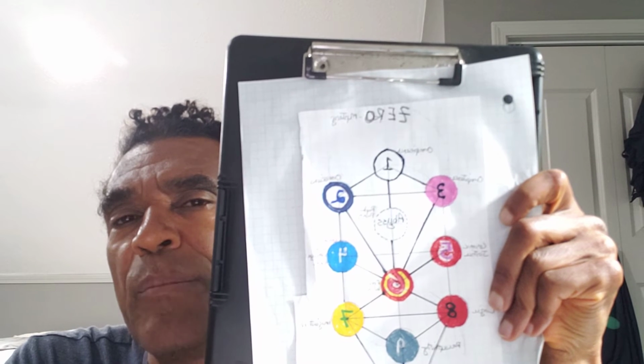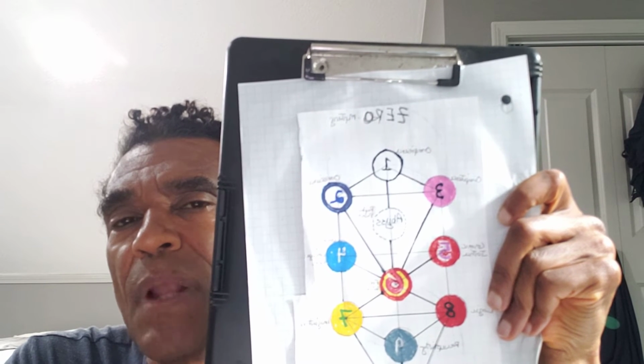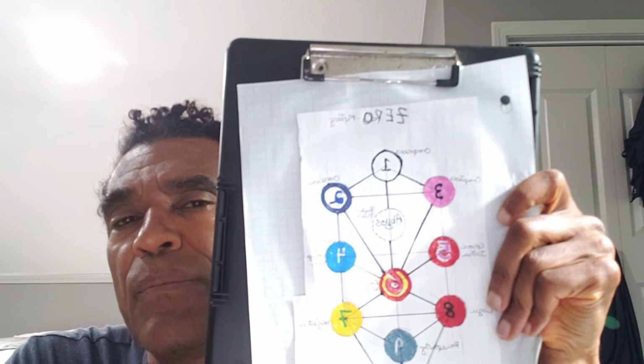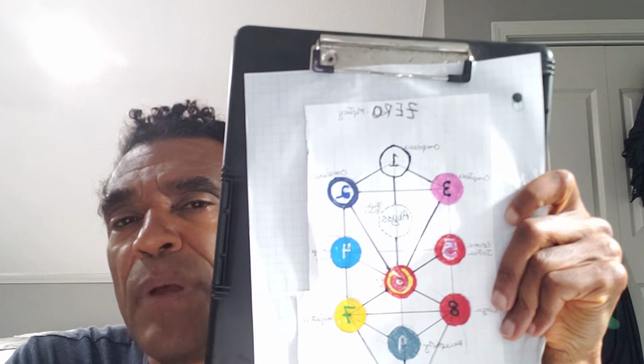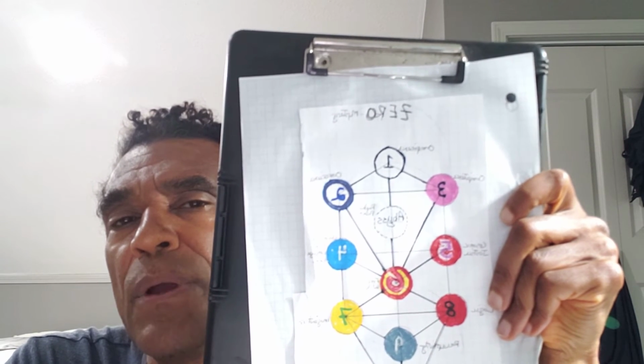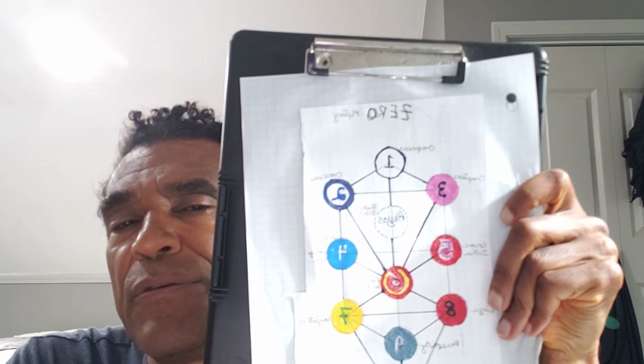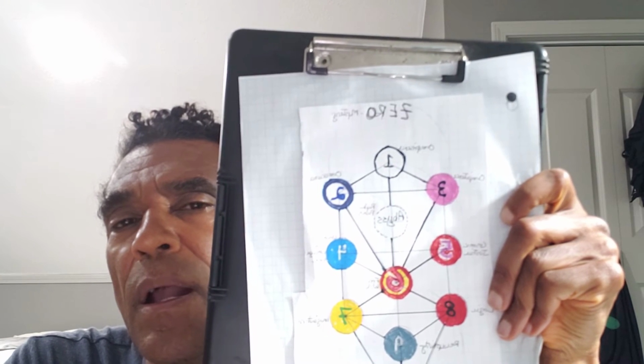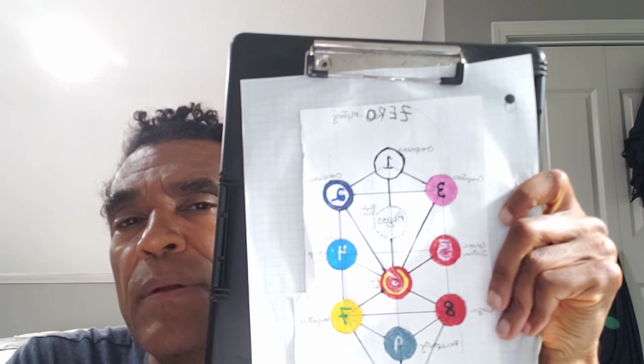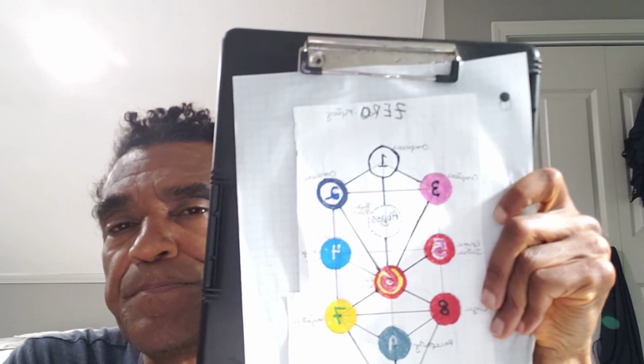But it was all there before the universe was formed. So it's the part of the creator that the creator reserves for itself, and it's normally embodied with numbers and numerology.